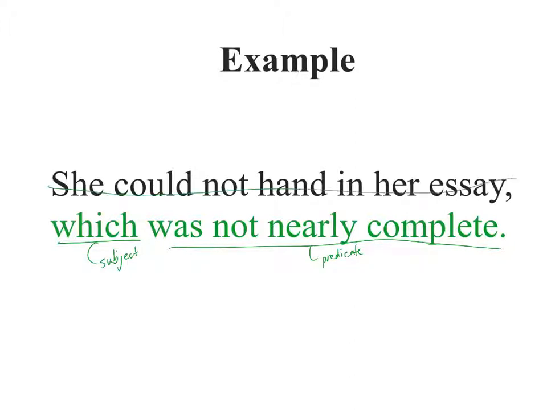If we cut this part out and capitalize the W, it would read, which was not nearly complete. Could that stand as a sentence on its own? No. It must have something else. And the thing it must have is the beginning part of this. With this, it's a complete idea. She could not hand in her essay, which was not nearly complete. So in this sentence, we have both an independent clause followed by a dependent clause. But there are two clauses.